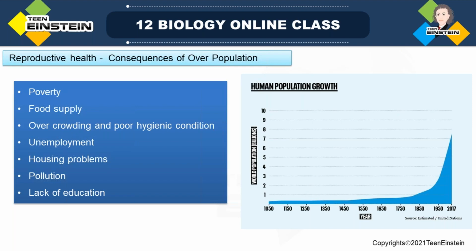Then lack of education, that is very, very important, because the infrastructure to provide education for each and every one, for all this increasing number of people, is not there. Nowadays, it's not there. For the current situation, it is not possible.